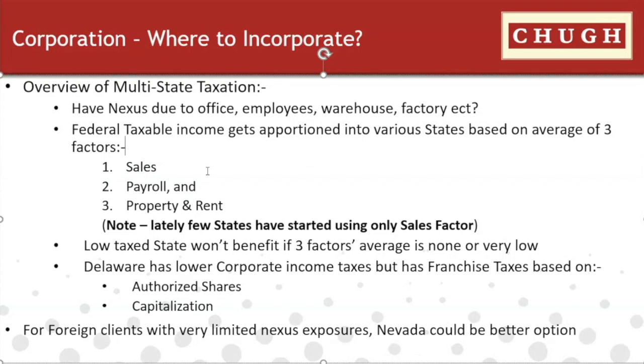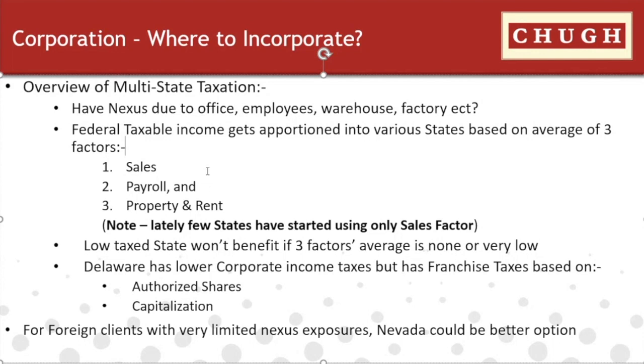If all these factors are in California, you are basically subject to California taxes. So you need to look at where the business is ultimately done, and that's the state you should incorporate in, or maybe you can incorporate in Nevada or Delaware, but you are required to qualify in California or any other state where you do business.